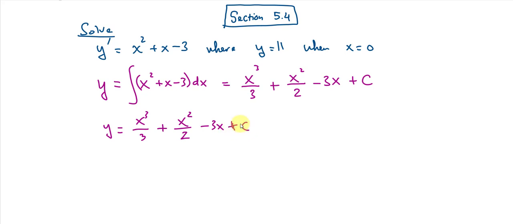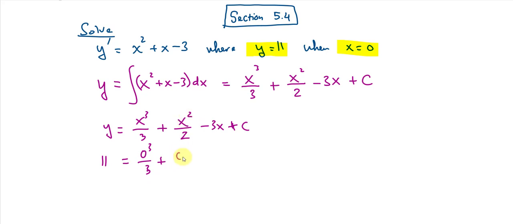However, we need to figure out what is the value of the constant c, and this is now where we should apply the initial conditions. So y equals 11 when x is equal to 0, so anywhere I see x, that becomes 0.